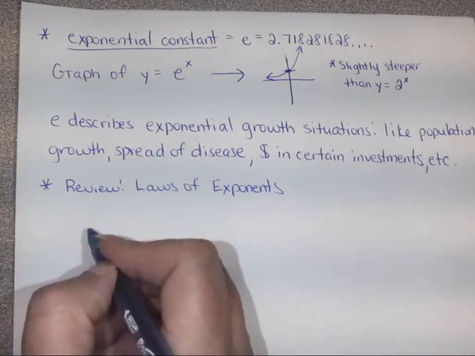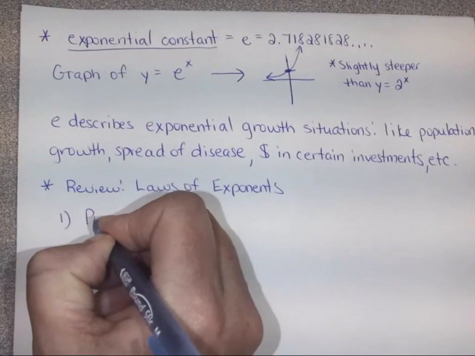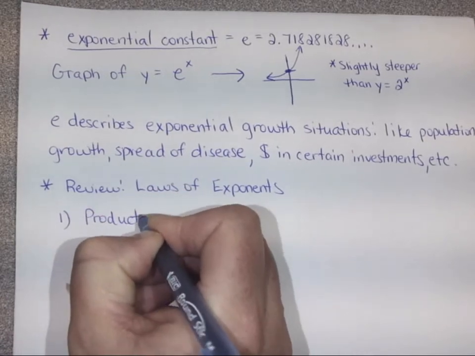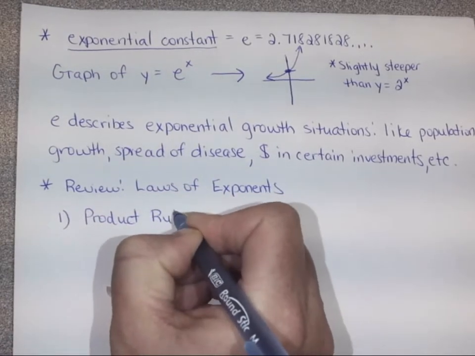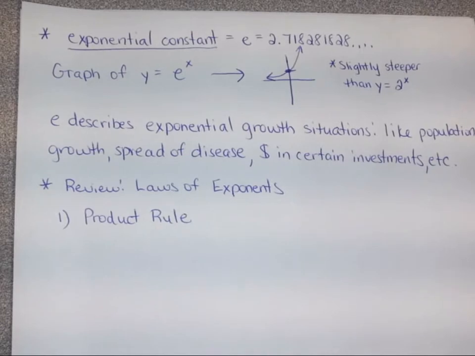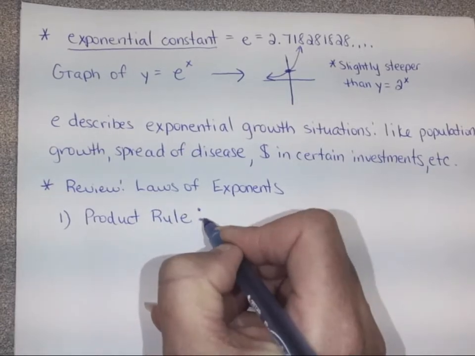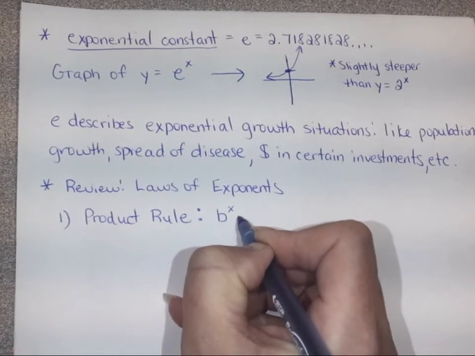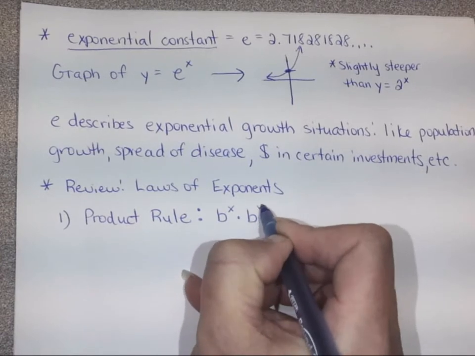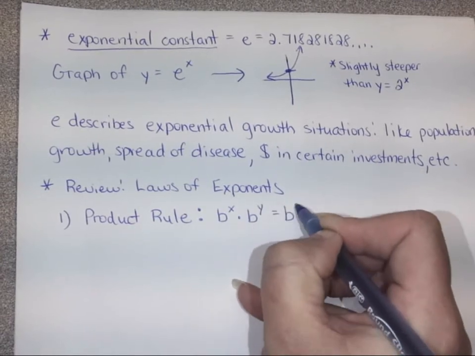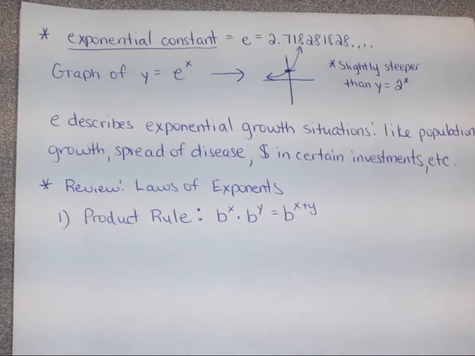Okay, so back in the first week, we talked about 3 main rules, and then we're going to jump off of those. So the first one is the product rule, and here's what the product rule says in notation form. If you have b to the x times b to the y, it is the same as b to the x plus y.